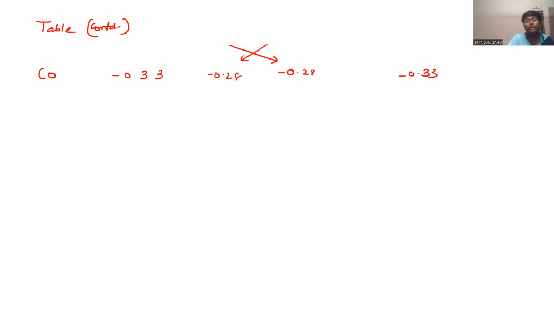Here balance, carry over. Here it will come as minus 0.33. This side, this carry over minus 0.28, this should carry minus 0.28, and this side minus 0.33.